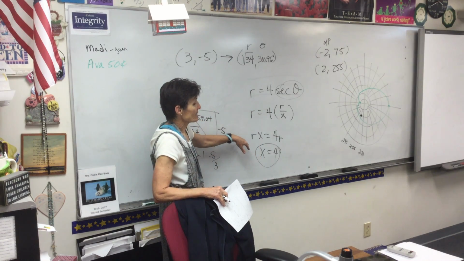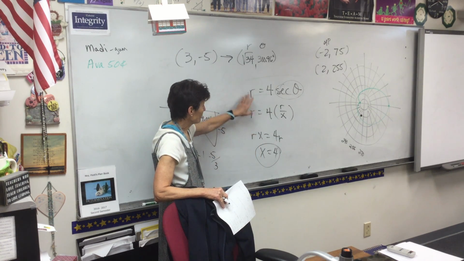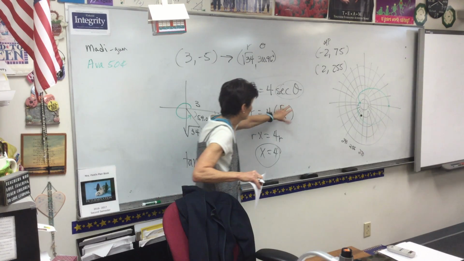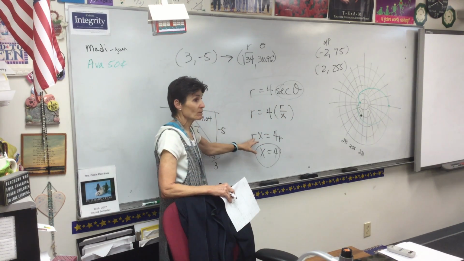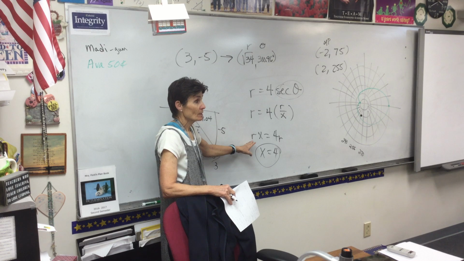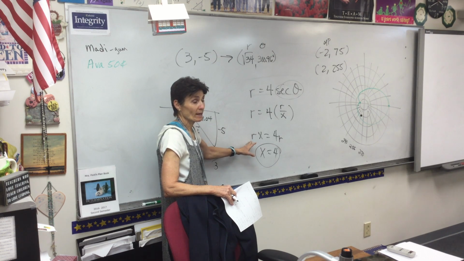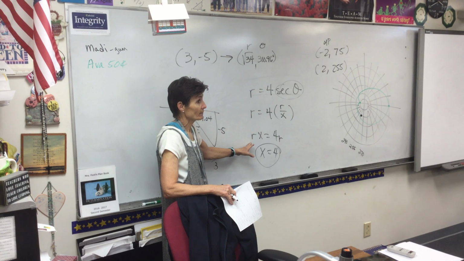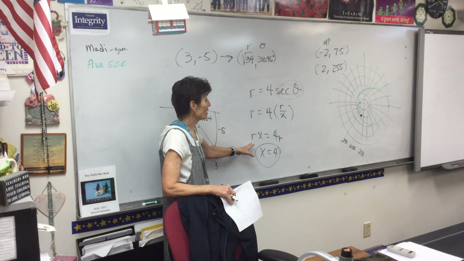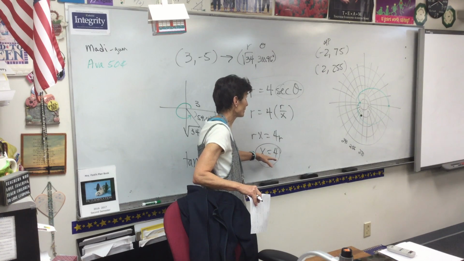On our practice tests, when we did problems like this, it was a little bit different. So we always ended up with an r squared. What did we do with the r squared? If we end up with an r squared, we replace it with x squared plus y squared.